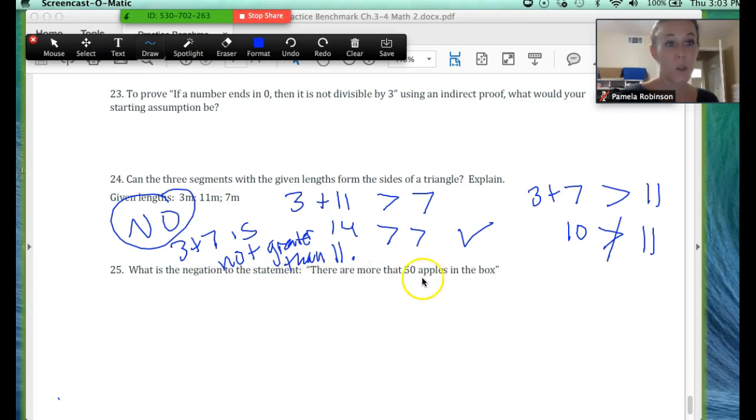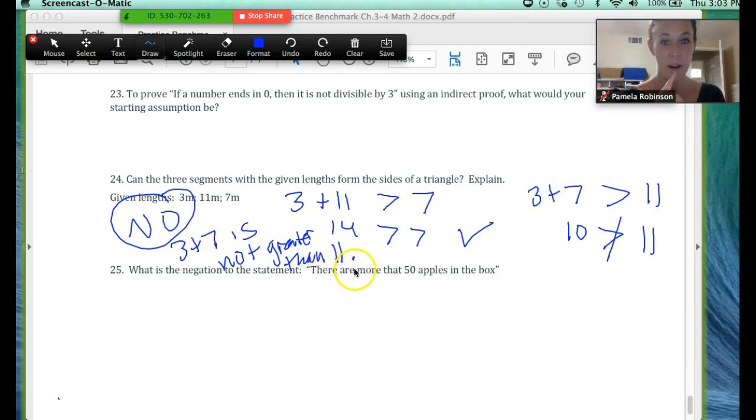Okay, and the last one, what is the negation to this statement? So that's once again to our indirect proof. What's the negation to this statement? There are more than 50 apples in a box. So whatever the key word is, not, more, less, you just want to negate it.